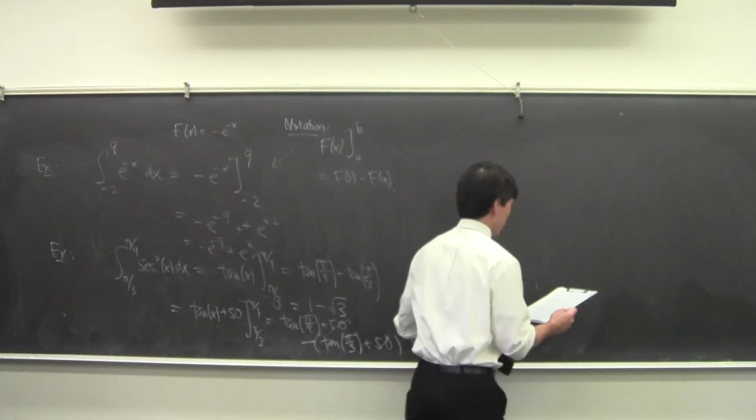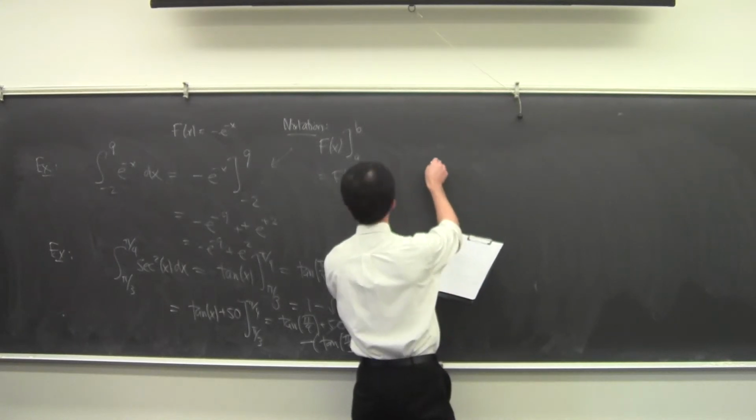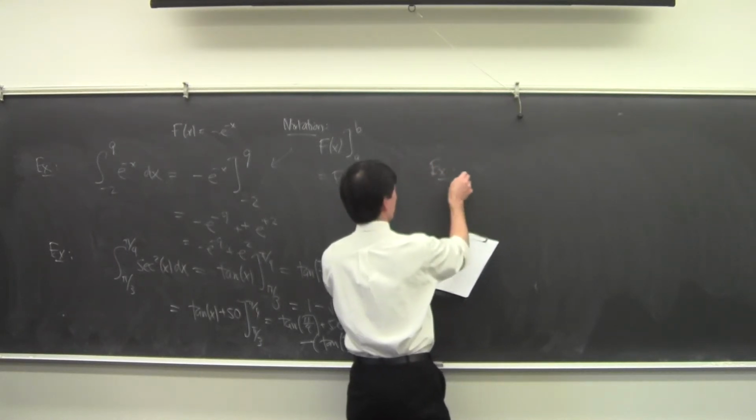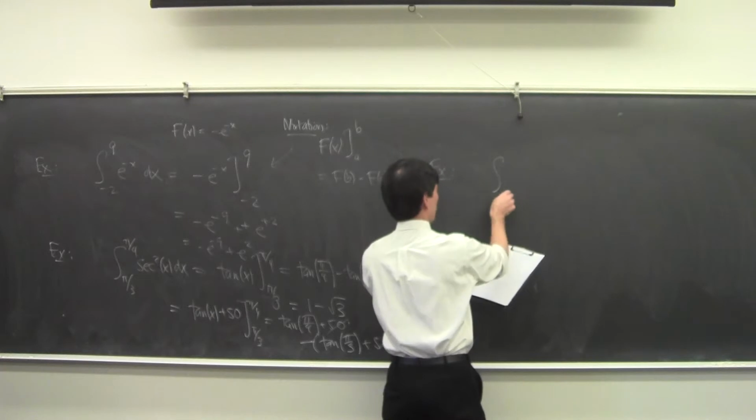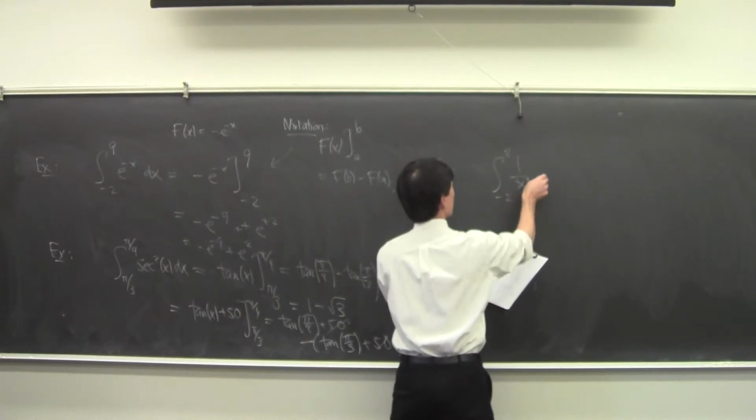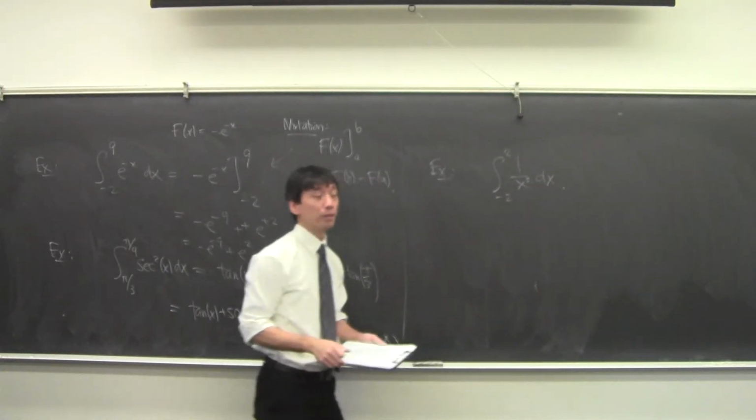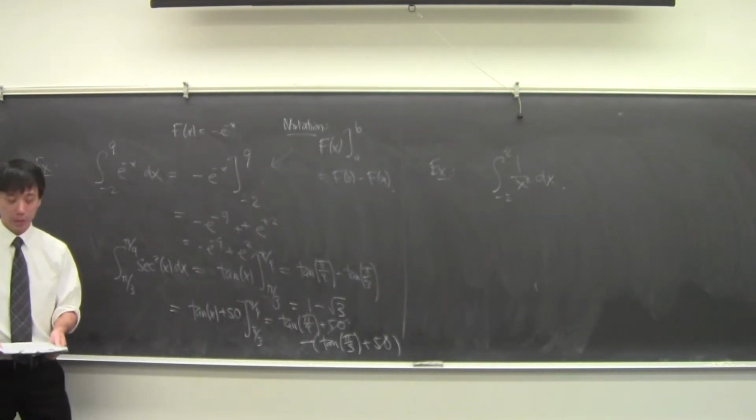Okay. There's another example. There's a cautionary example: the integral from -2 to 2 of 1 over x squared dx. Take 1 minute, try it.